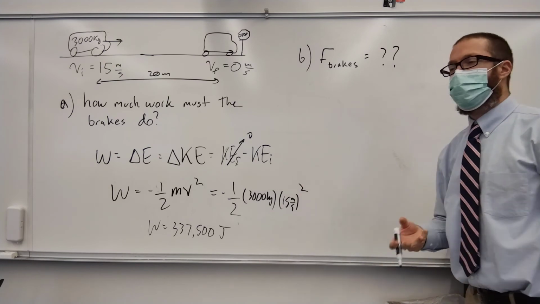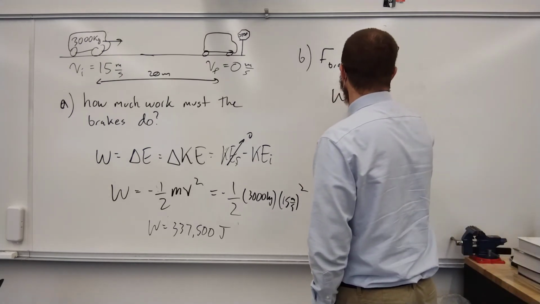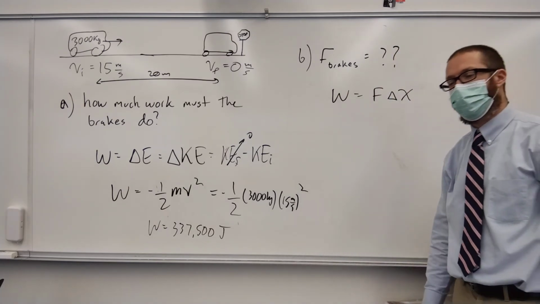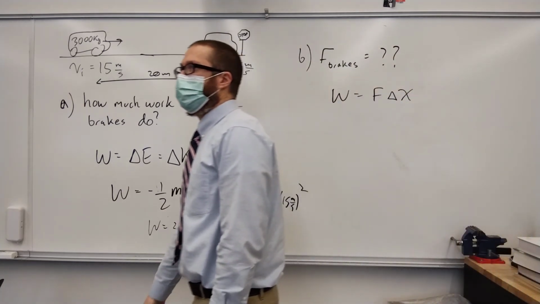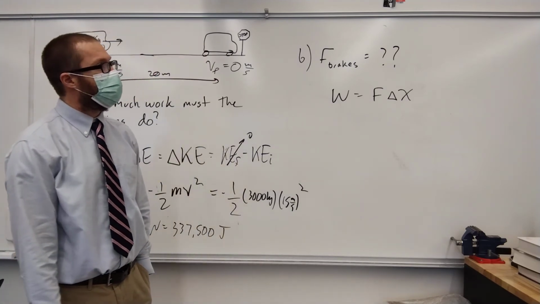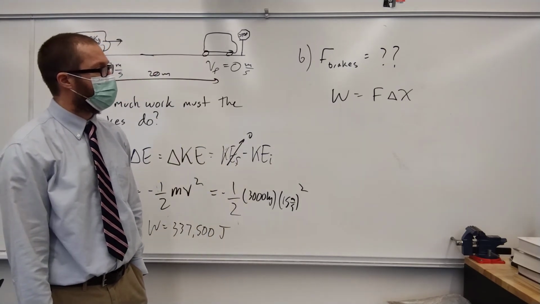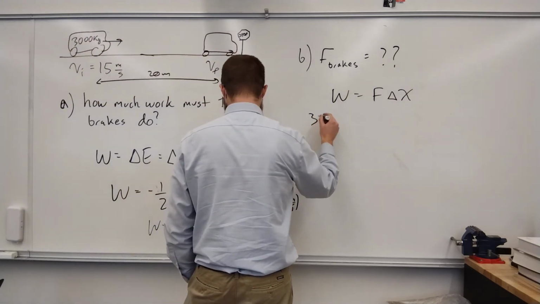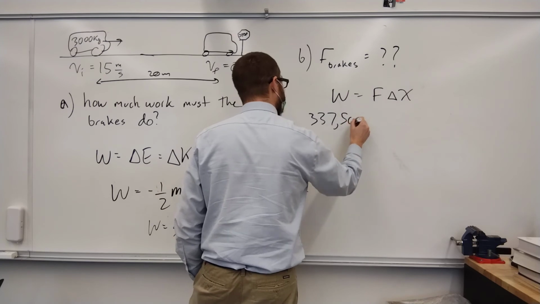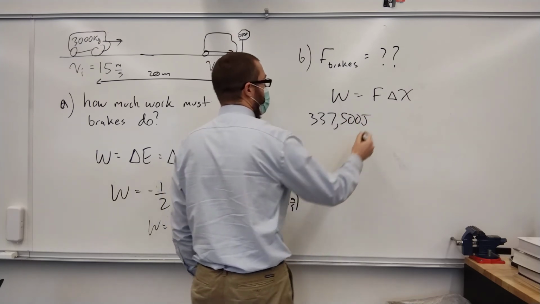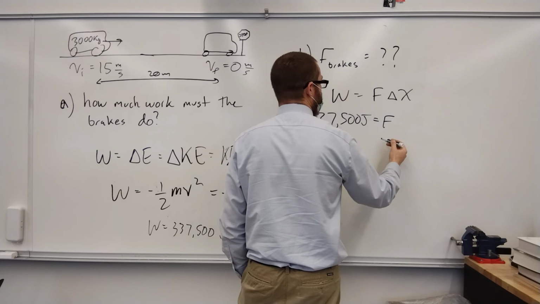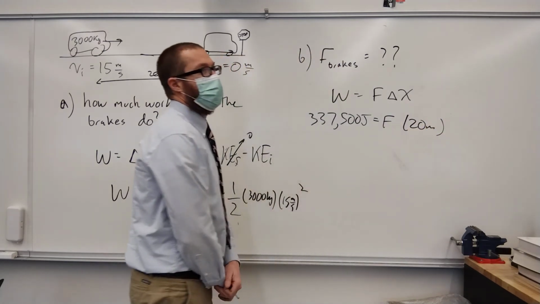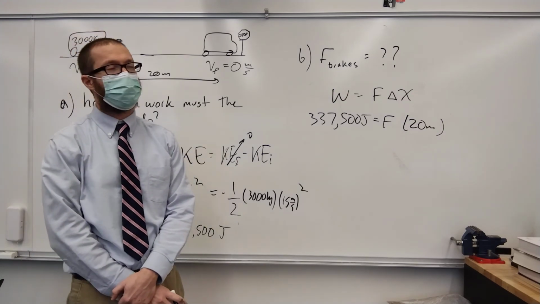If you know that the work has to equal force times distance, you know that the work is 337,500 joules. That has to equal the force times the distance. It took 20 meters to stop.